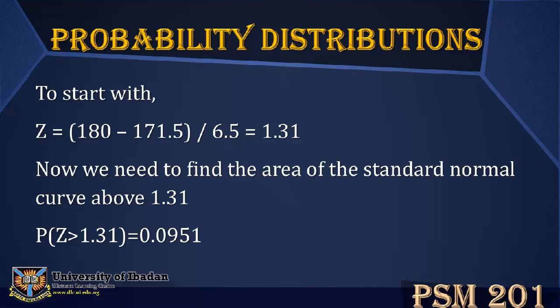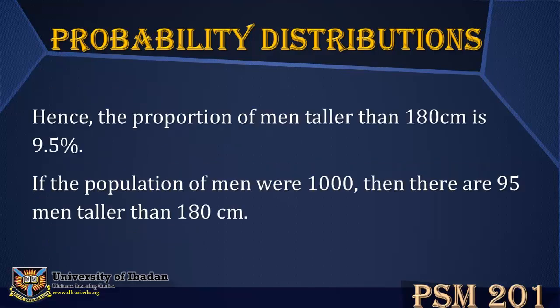Now we need to find the area of the standard normal curve above 1.31. P(z greater than 1.31) equals 0.0951. Hence, the proportion of men taller than 180 centimeters is 9.5%. If the population of men were 1,000, then there are 95 men taller than 180 centimeters.